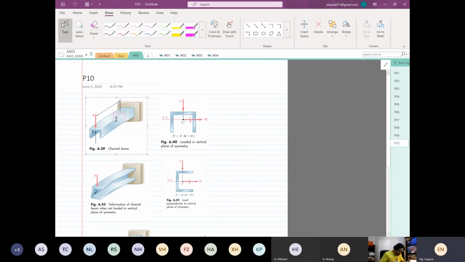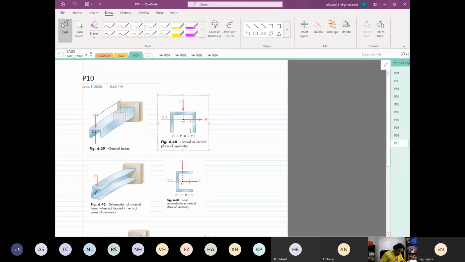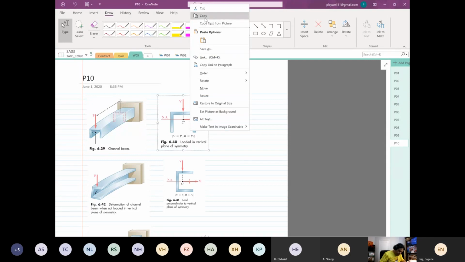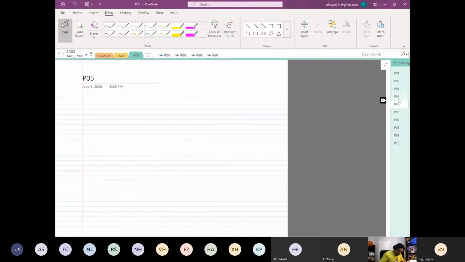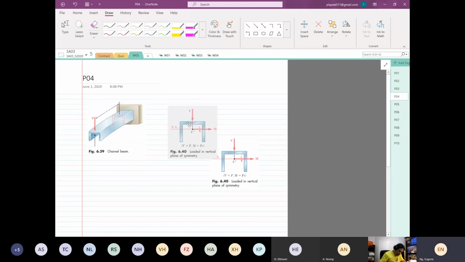Right, the next one is a different topic already. Okay, so we're going to look at this beam now. Right.